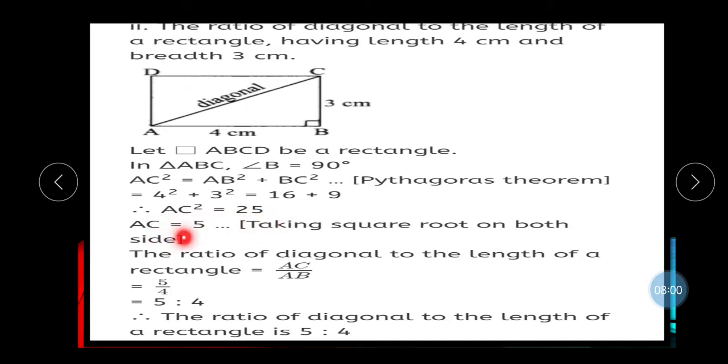Taking the square root from both the sides, we get AC is equal to 5. The ratio of the diagonal to the length of the rectangle is equal to AC upon AB, that is the diagonal upon the length, that is equal to 5 upon 4, that is 5 is to 4. Final answer: therefore, the ratio of the diagonal to the length of the rectangle is 5 is to 4.